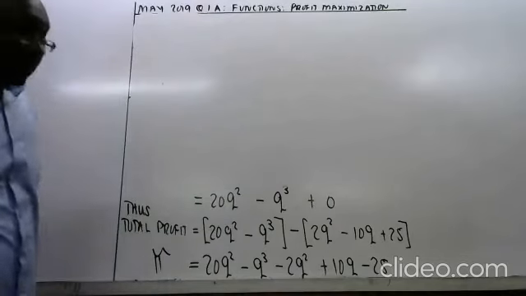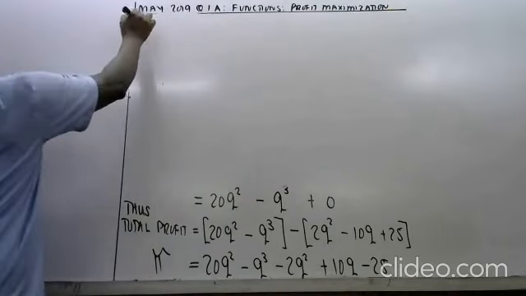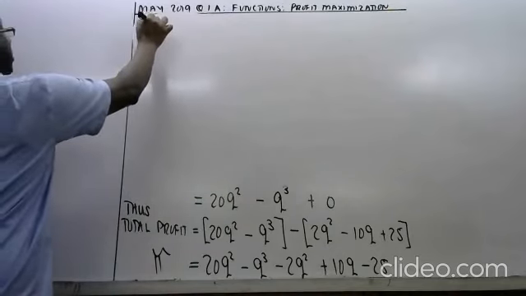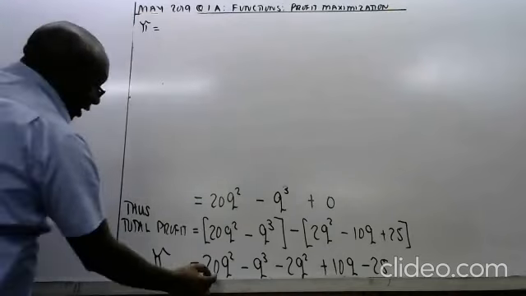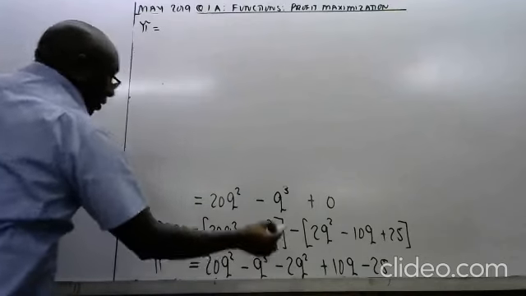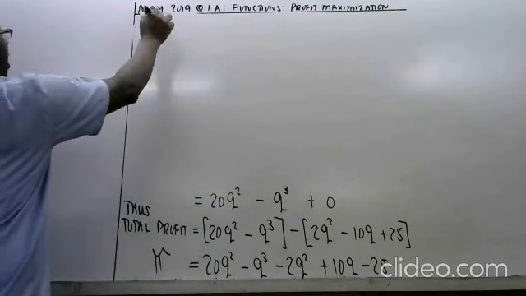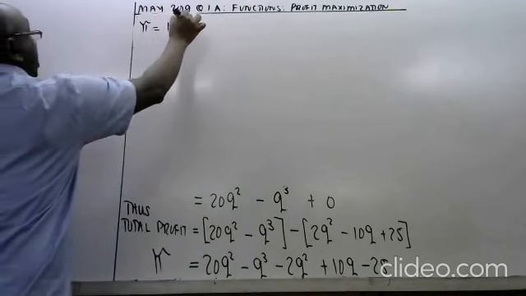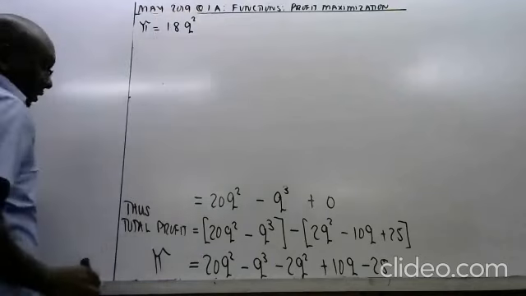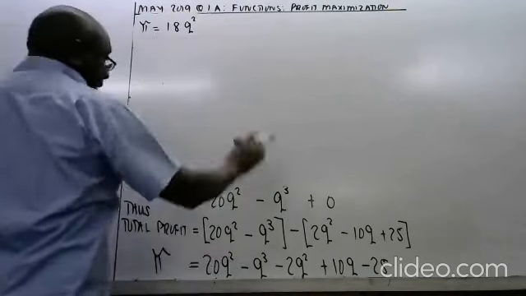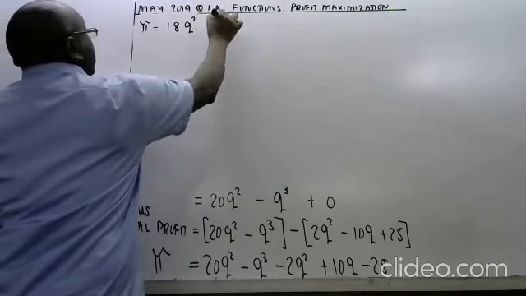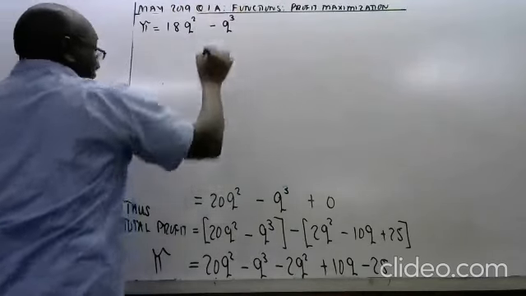So, putting items together, I proceed and get that by this 20Q to join this one, I'm left with 18Q squared. This cube has no colleague, so Q cubed.